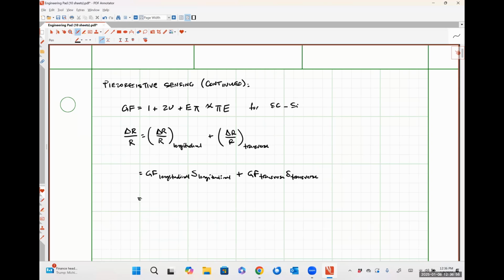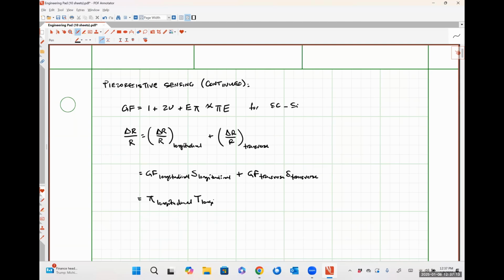Or alternatively, we could write this as pi longitudinal, so our piezo-resistive coefficient, times our, actually S is strain, so T is stress, sorry.